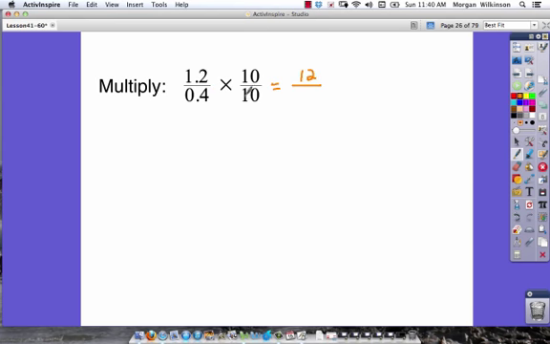And then 0.4 times 10, decimal has to move 1 to the right because it needs to get bigger because we're multiplying by 10. So we get 12 over 4. Well, 12 over 4, 12 divided by 4, that's the same thing as 3. So we've got our final answer. When we multiply by a fraction equal to 1, especially when it's like 10/10ths, it helps us to simplify our answer when we're working with decimals originally.